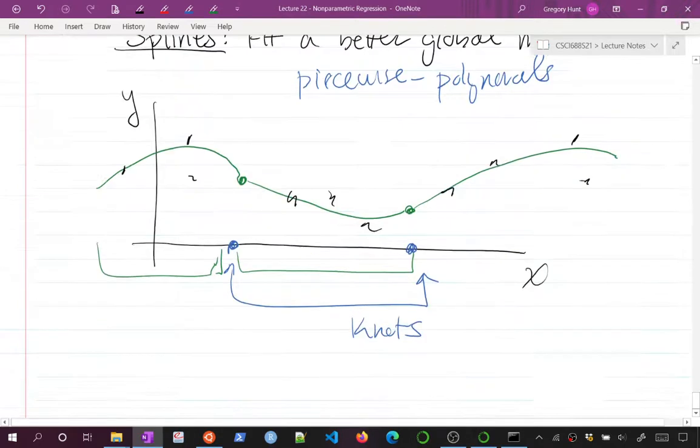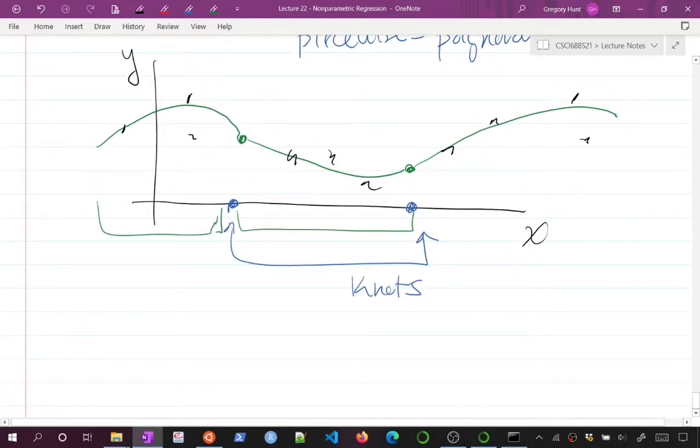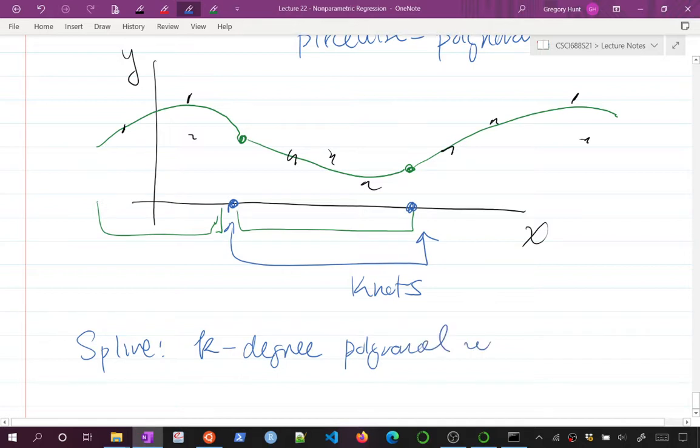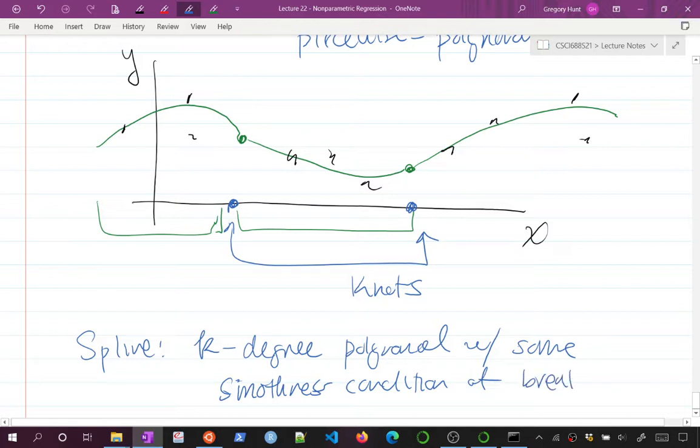And typically, a spline is a k-degree polynomial with some condition, let's say some smoothness, at the breakpoints, or what are called the knots, these points here.